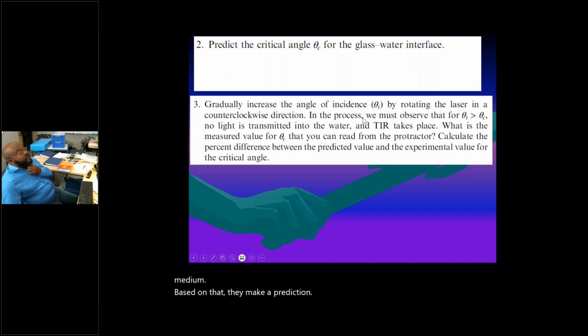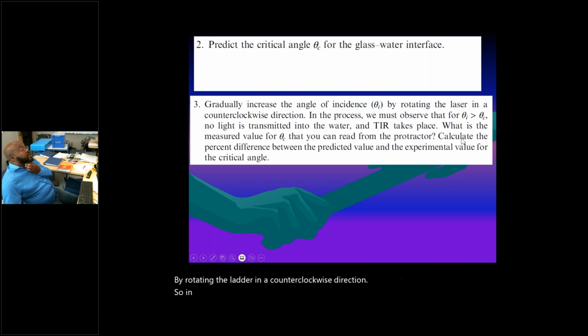After they made the prediction, then they try to find this critical angle by gradually increasing the angle of incidence by rotating the laser in a counterclockwise direction.